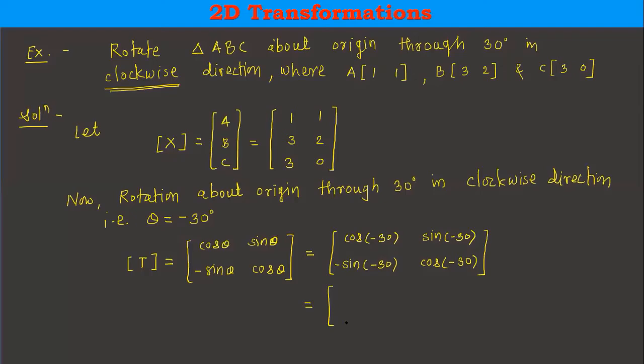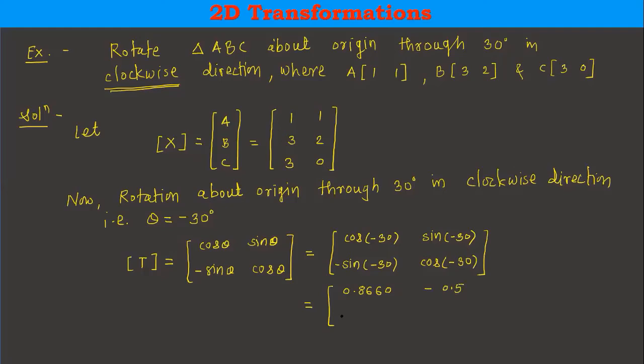So what is the value of cos minus 30? Cos minus 30 is equal to 0.8660 if you calculate using the calculator. Then the value of sin minus 30° is minus 0.5.